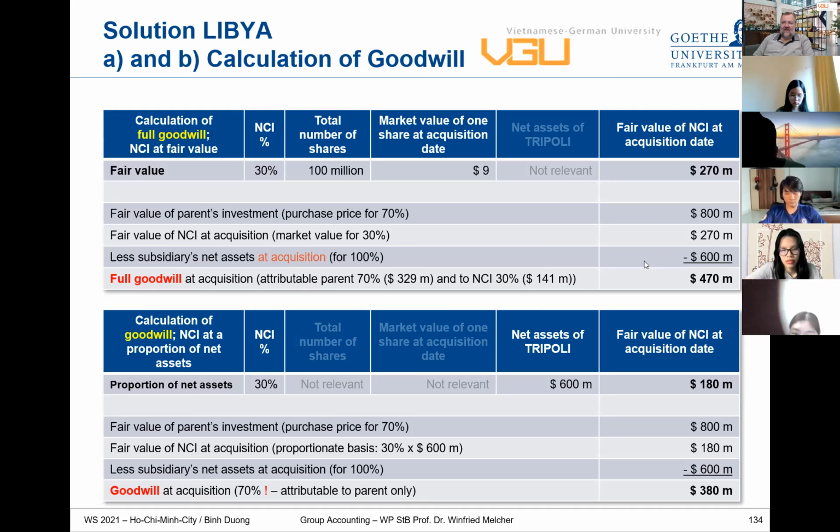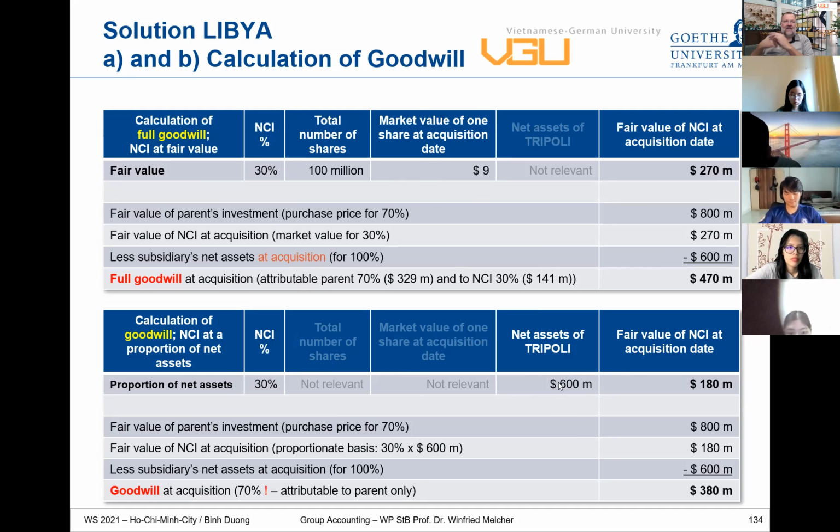So if we don't have that information, if we don't have a market value to work with, then we will have to go to the net assets as we did already in our previous case studies. So we looked at the net assets, and then we would just take the portion of net assets which are valued at fair value.